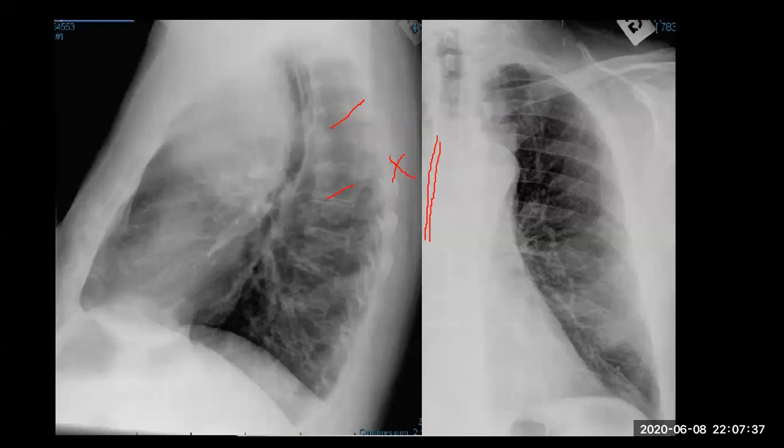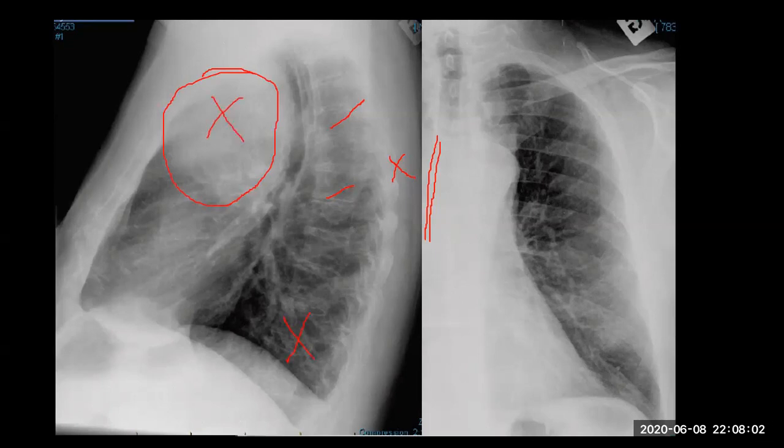Bilaterally, where is the mass located? Anteriorly. Which space? Not superior, it is in the retrosternal space. The retrosternal space should be lucent like the spinal space.